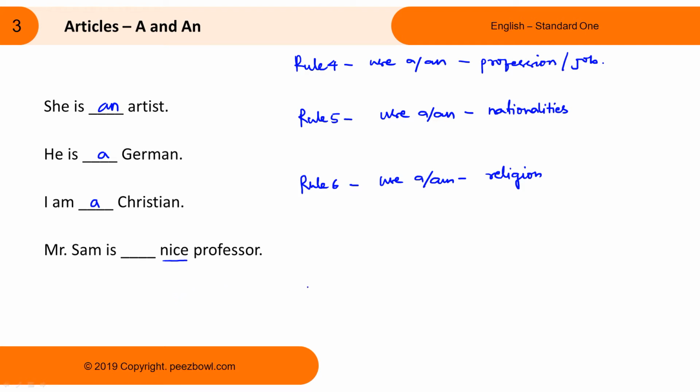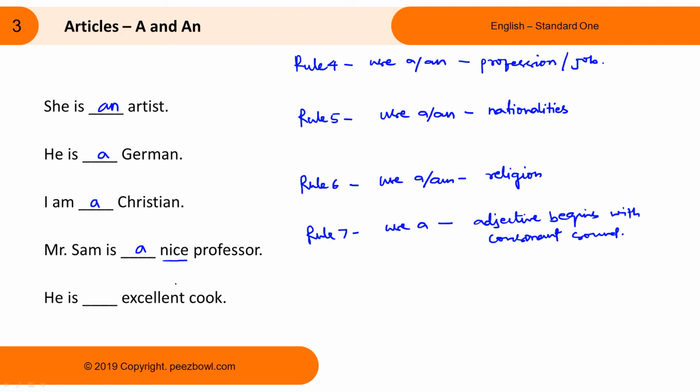So rule number 7 says that we use A before any adjective that begins with a consonant sound. So we are going to use A before nice.